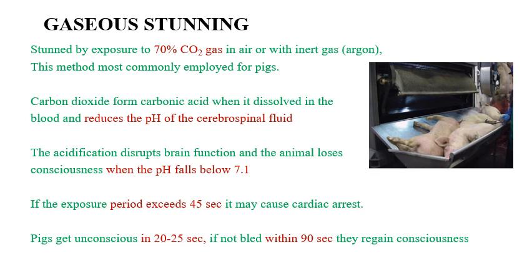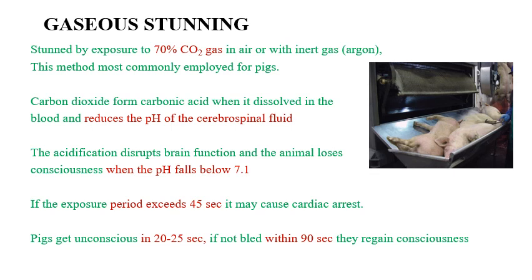One of the reasons is that pigs have the habit of keeping their nose very close to the floor. And carbon dioxide, being very heavy in density, remains very high at the bottom part of the room. So that's how it is more suitable for pigs. Of course, it can be employed for other animals also.